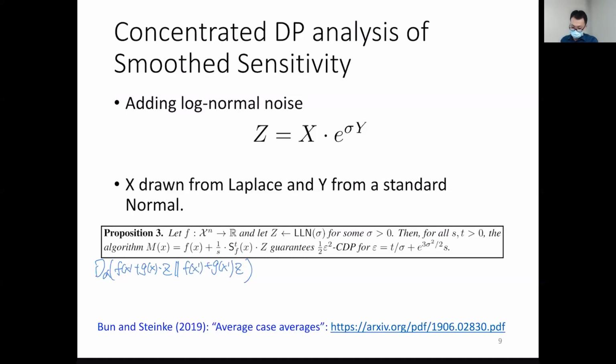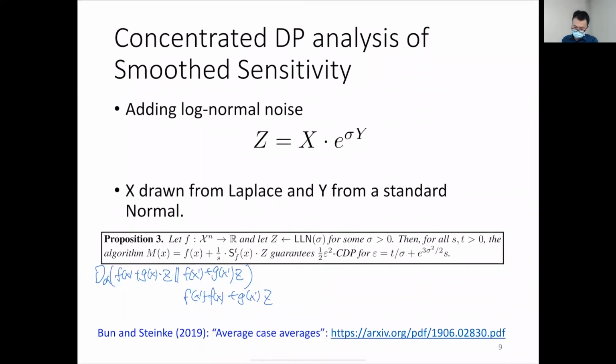So this becomes f(x') minus f(x) plus g(x') Z, and on the left hand side we just have g(x) times Z as well. Okay, and so this is equal. I'm just moving a constant, which corresponds to shifting both distributions by the same quantity.